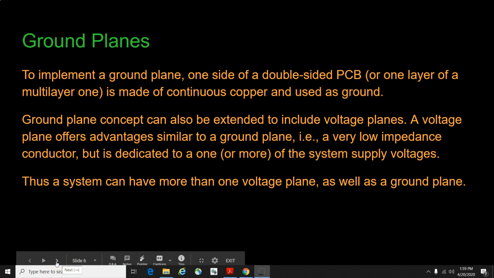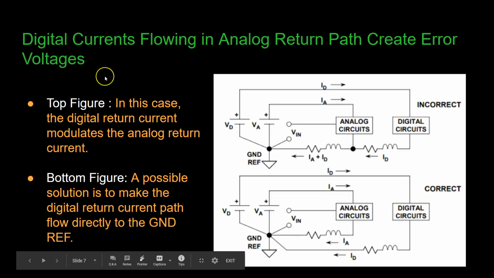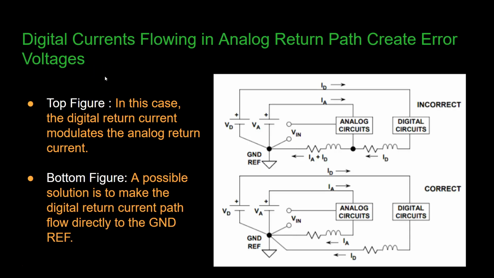Now the next slide is: digital currents flowing in the analog return path create error voltage. So here on the right side, the top circuit is an illustration of a situation where the digital return current modulates the analog return current.